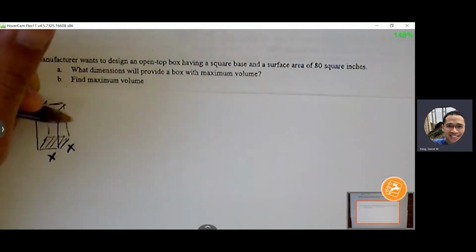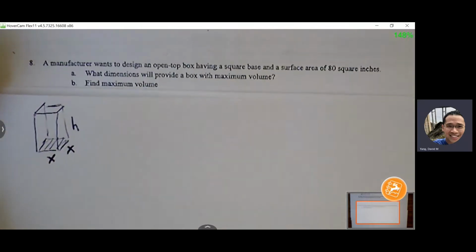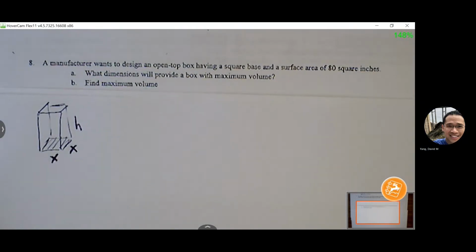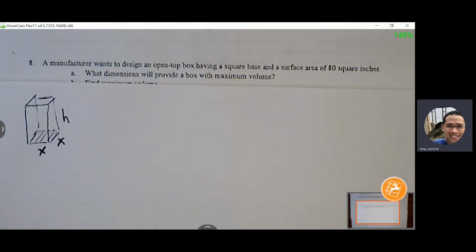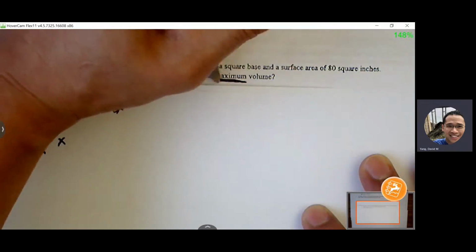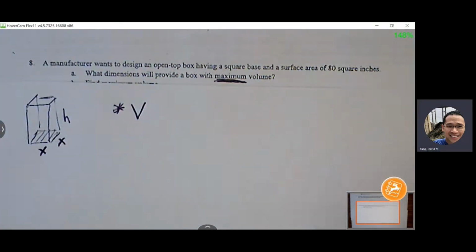It doesn't say that it's a cube, so that height is going to be a different value than the length of either side of the base. It says, what dimensions will provide a box with maximum volume? So we see the word maximum. We know that we're optimizing volume. We know that ultimately we're going to find the derivative for volume.